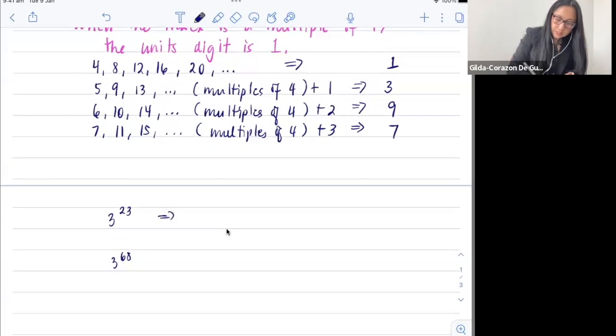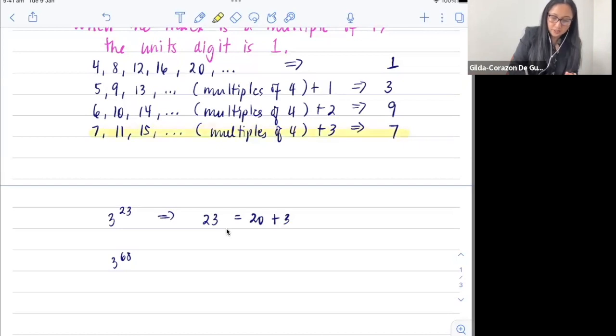Well, since you've got 23, now you want to evaluate whether 23 is a multiple of 4. We know it's a multiple of 4 if we can halve it twice, but we can't halve it twice. We have a leftover of what? Of 3, and therefore you could say that this one is equal to 20 plus 3, which means that it is a multiple of 4 plus 3.